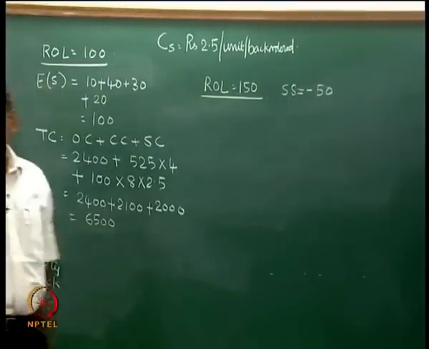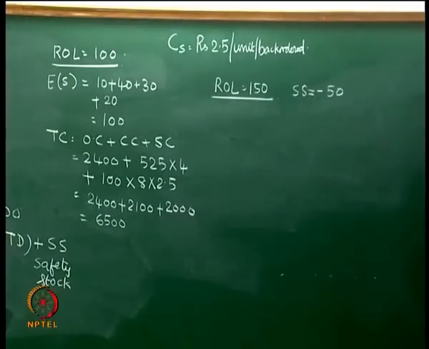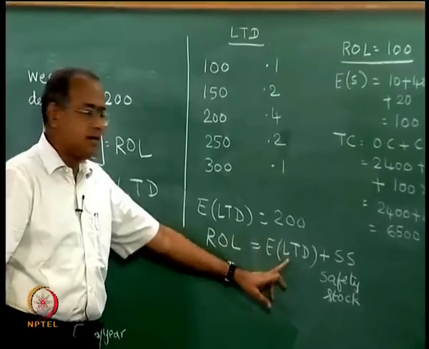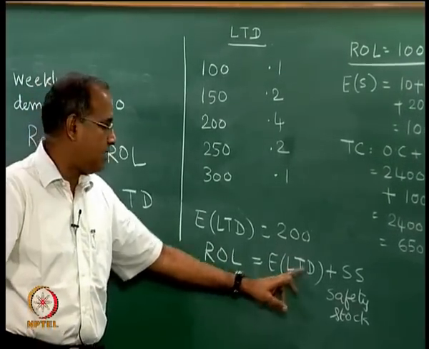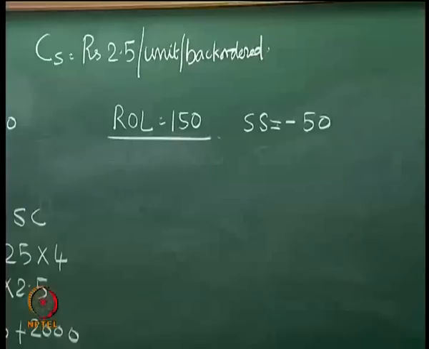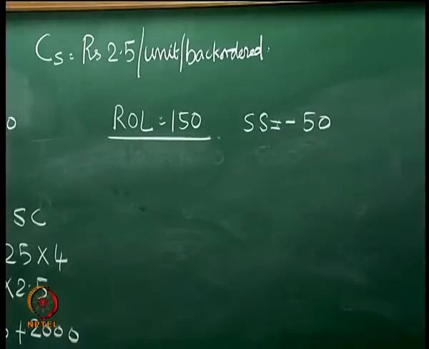Now this comes because expected value of lead time demand is 200. So from this definition ROL is equal to expected value of lead time demand plus safety stock. Now for the sake of computation we are showing the safety stock as minus 50.